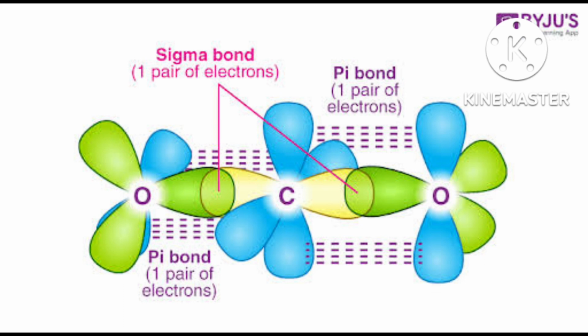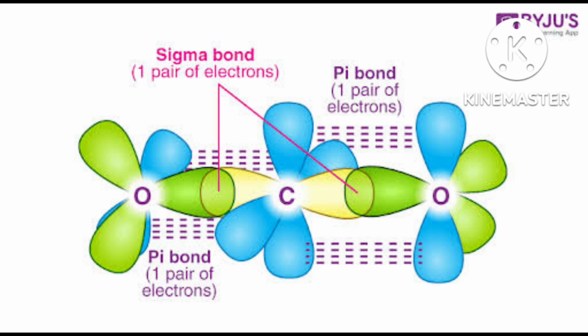In pi bond, due to sidewise overlapping, their axes remain parallel to each other.